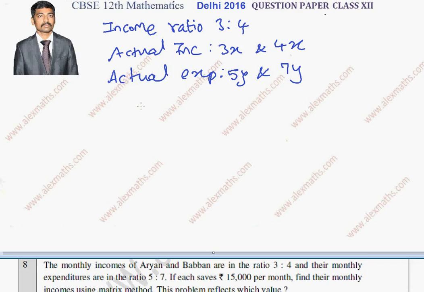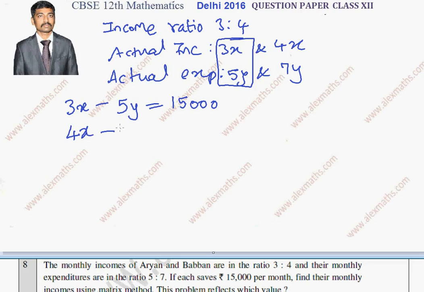Now each saves 15,000 per month. It means the income minus expenditure is the saving which is 15,000 for the first person. Similarly, for the second person, the income is 4x and the expenditure is 7y. This also 15,000.